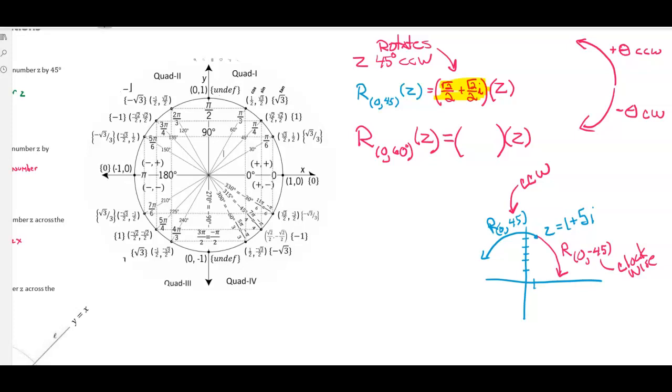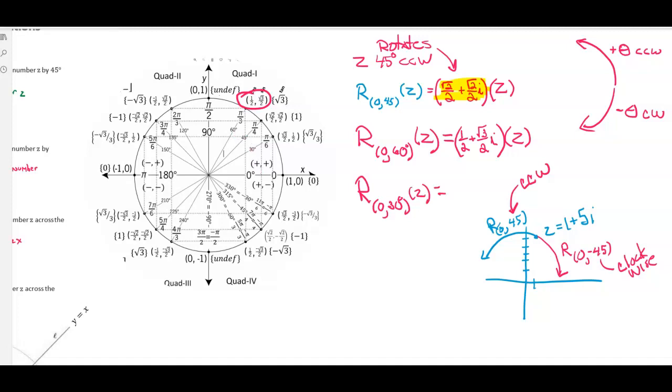So I go to 60 degrees, go to these 2 points, coordinates, and I make a complex number out of them. And that's how you would rotate Z 60 degrees counterclockwise. Okay? How would I rotate it 30 degrees counterclockwise?